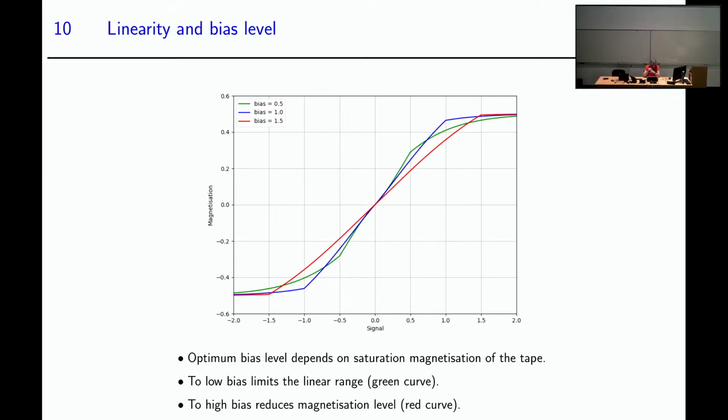And if you use more bias, you get the red one, which does not provide more signal. Yes, it doesn't go higher than the blue one. It just requires more input. It requires more signal to the recording head. So the ideal bias here would be the blue curve.